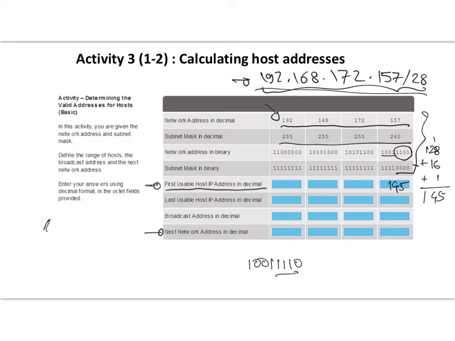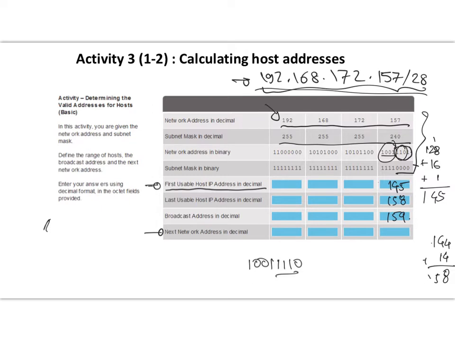It would be 144 plus 14, because 15 is 4 ones. So the one before it is 14.